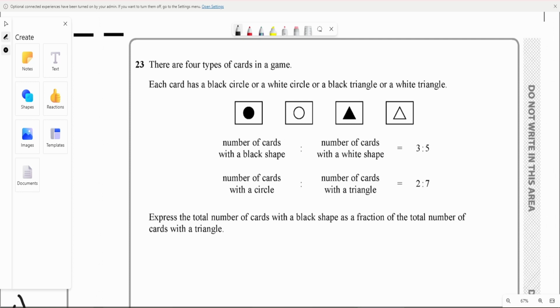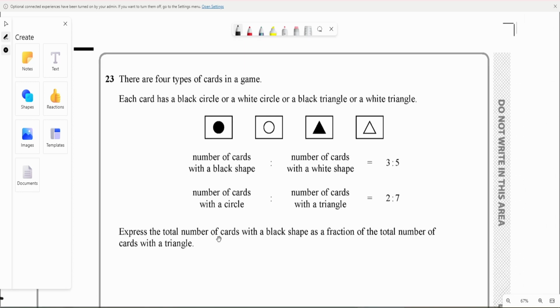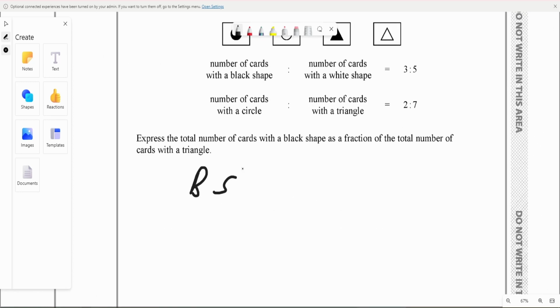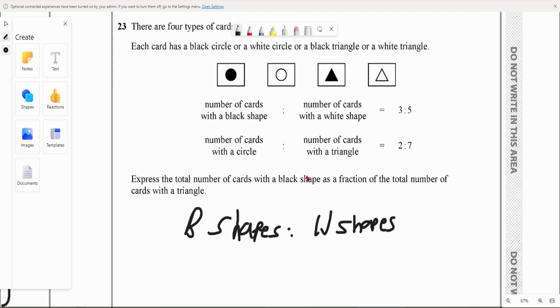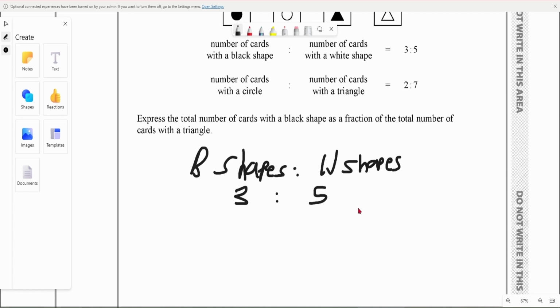Question 23. We have black shapes and then the ratio to white shapes. The ratio is 3 to 5.